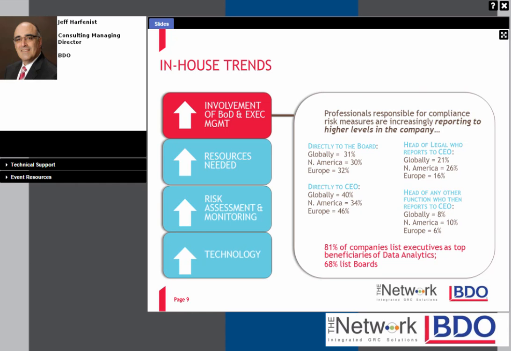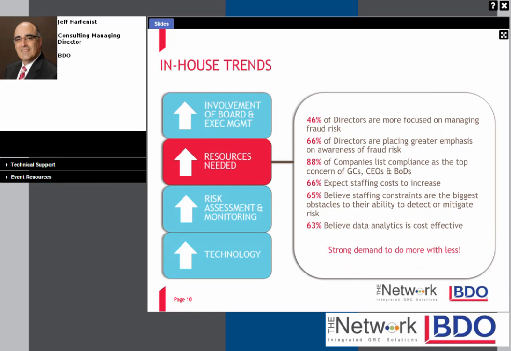We are not big fans of this type of reporting structure to the CEO. In fact, we just completed a channel stuffing investigation, and the CEO was the key driver behind the investigation. So, we believe best practice is reporting directly to the board.